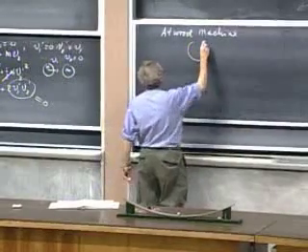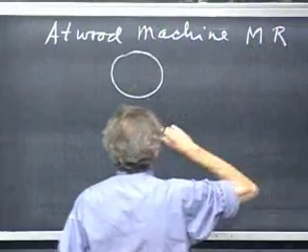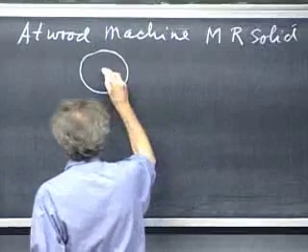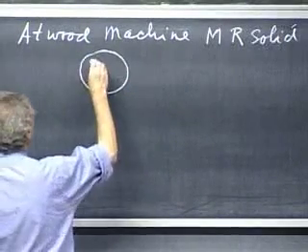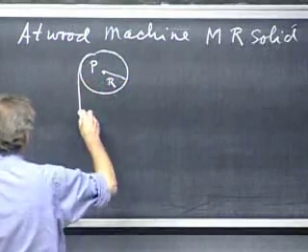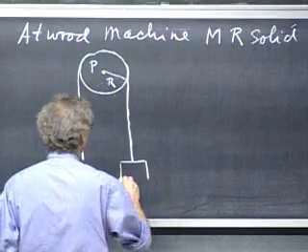Here's a pulley. The pulley has mass m, has radius r. It's solid. So it's a solid disk, rotates frictionless about point P, radius r, and there is a rope here, near massless. We ignore the mass.